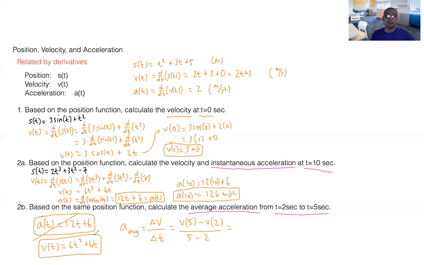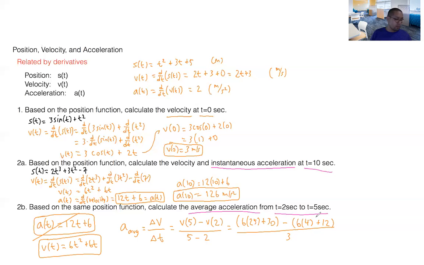So velocity at 5, so this is going to be, what is it? Let's write this out, actually. 6 times 5 squared is 25, plus 6 times 5 is 30, okay, minus velocity at 2 seconds is going to be 6 times 4 plus 12. All this is going to be divided by 3, all right?